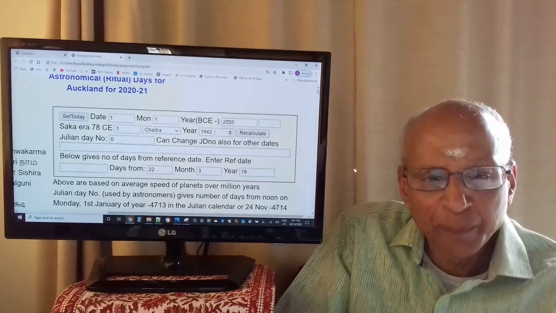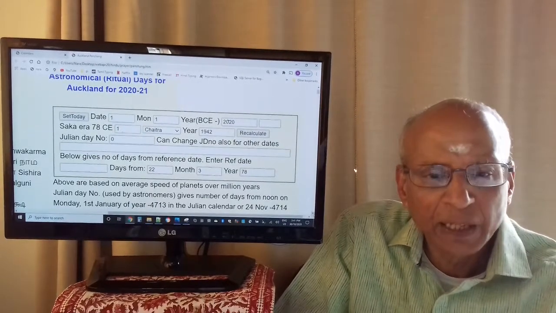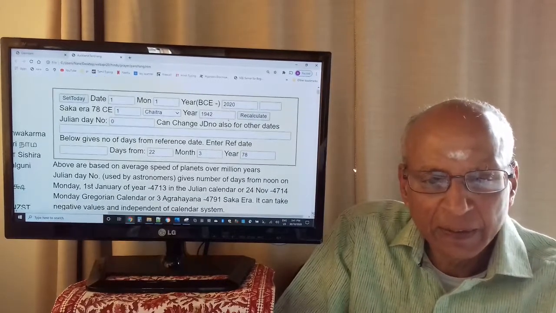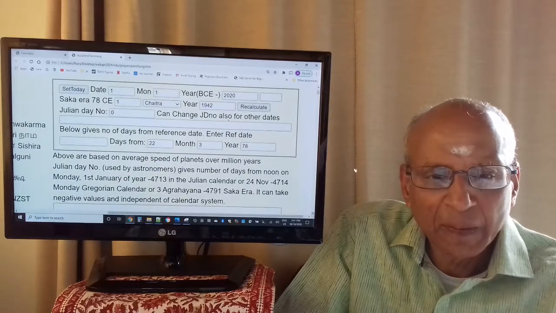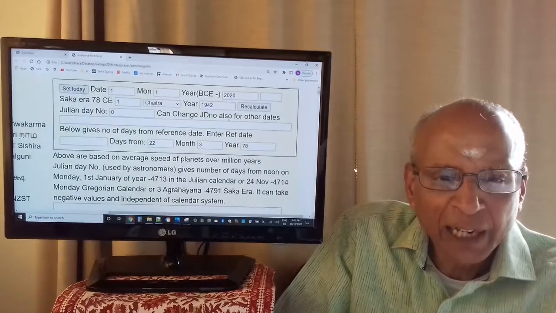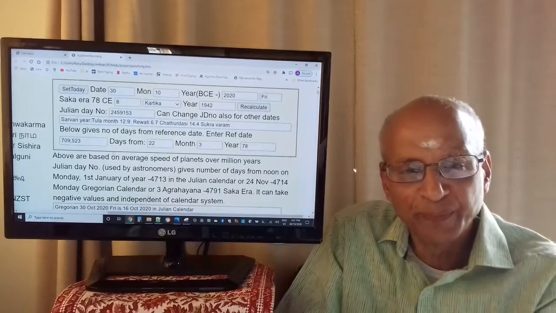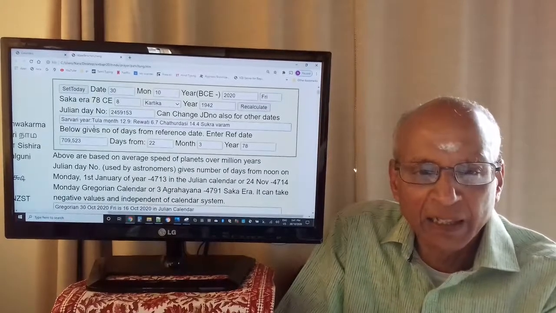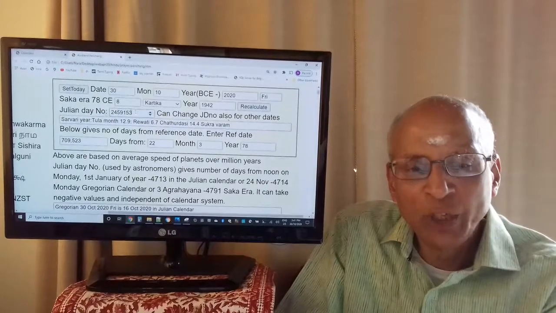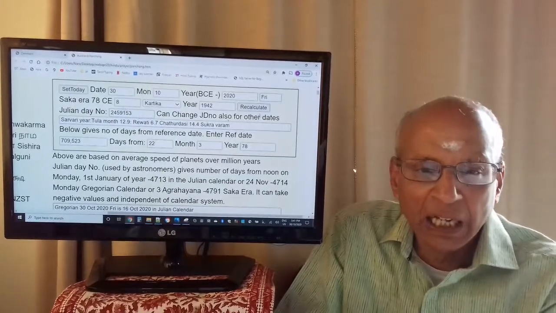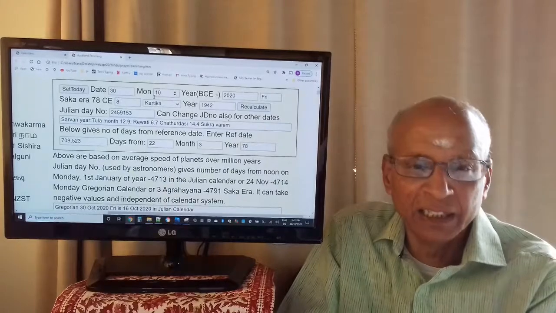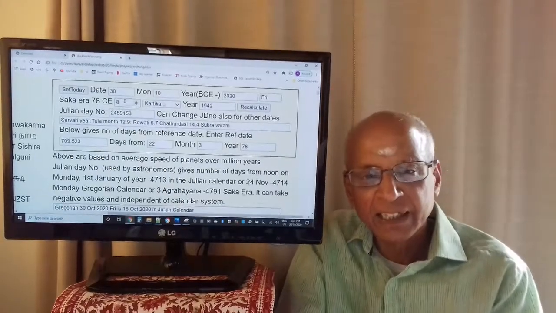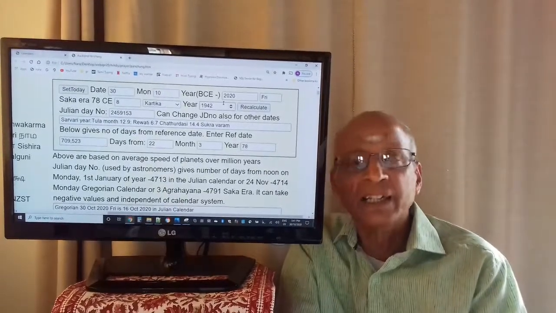We can set today's date, 30-10-2020, Kartika, Julian day number, and this is a Saka calendar. The date is 8th month Kartika 1942.